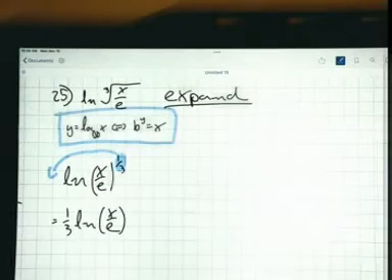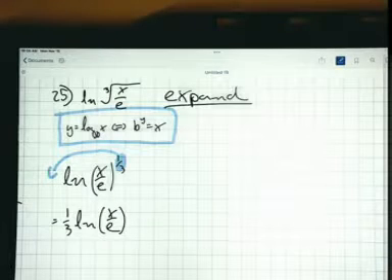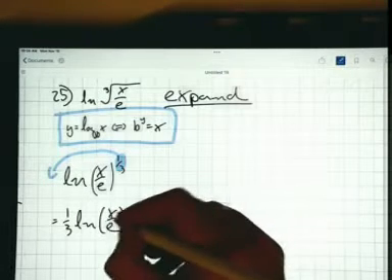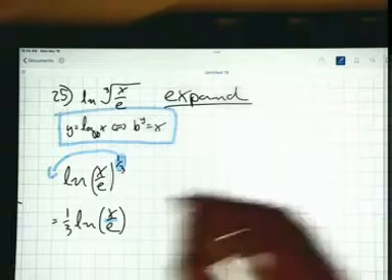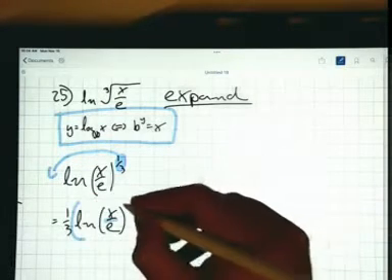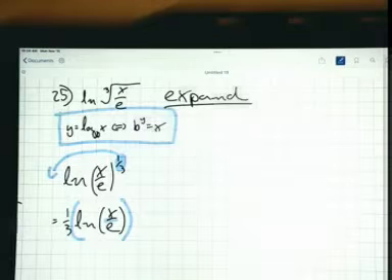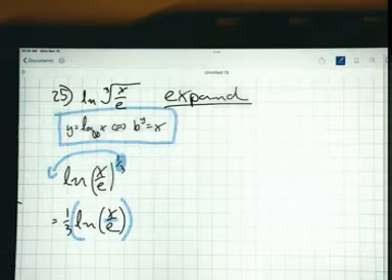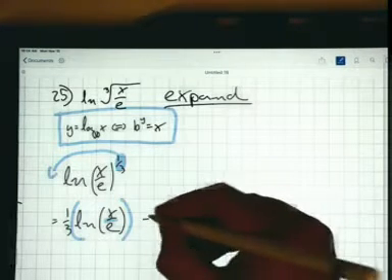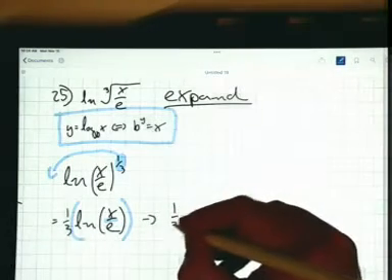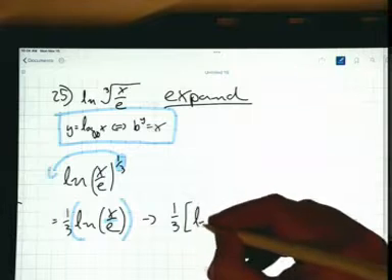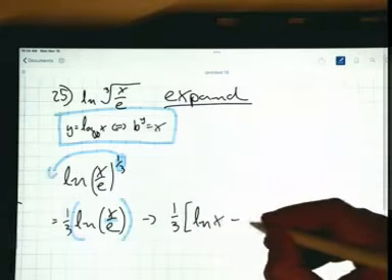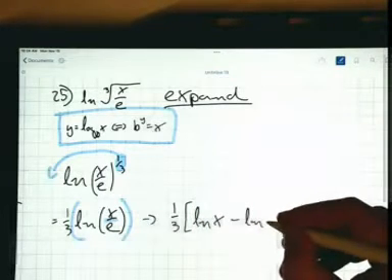Then I would expand this using a quotient rule because there's the division sign. Now, take note that this 1/3 is multiplying all of the natural log of x over e. So when we expand this, you have to think about it like this: 1/3 times the natural log of x minus the natural log of e.